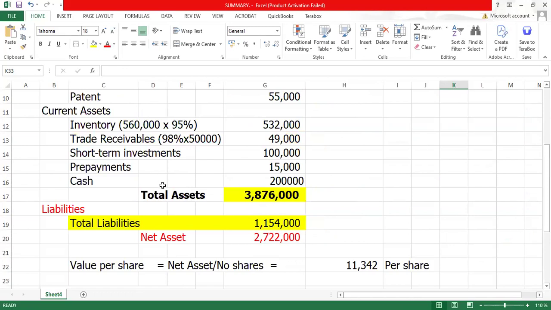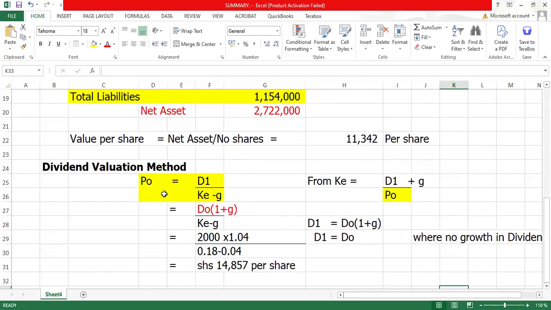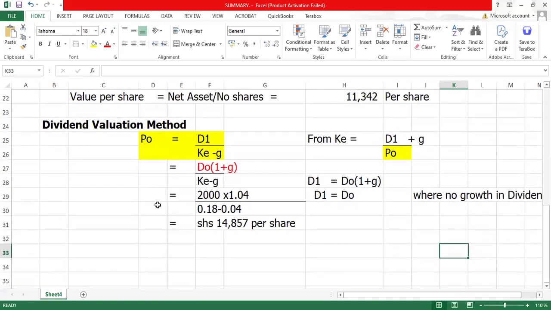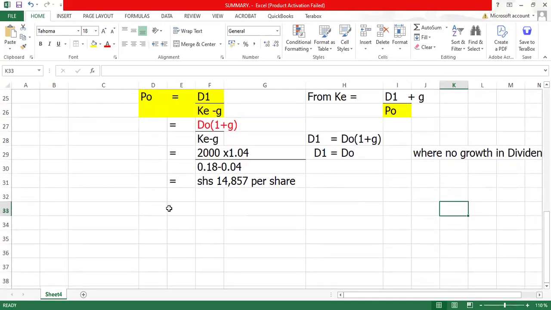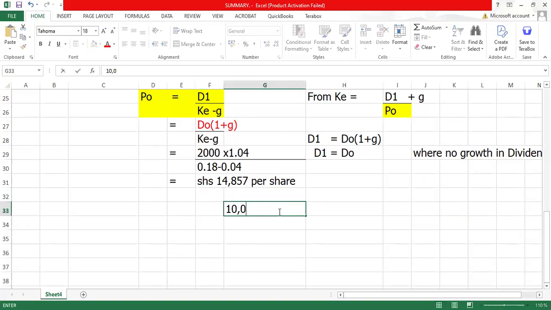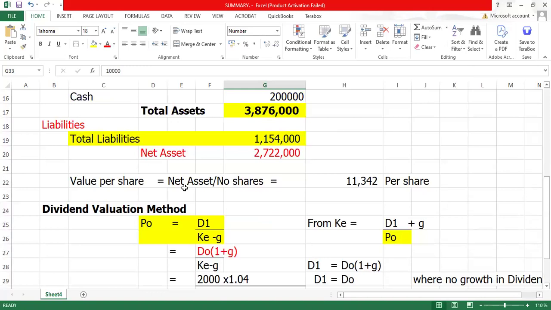So you can say BIL should go ahead and acquire QHL, since under both approaches, its market price per share exceeds the par value per share of shillings 10,000. You can go ahead and acquire the other company.